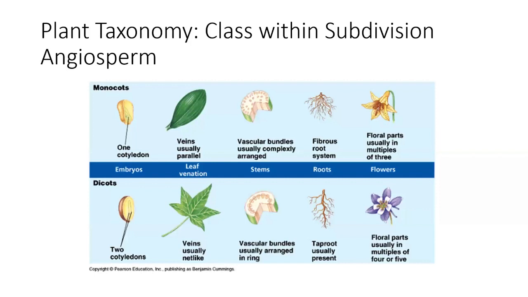Now, we've gone from big taxonomy to kingdom Plantae. We've gone down to our spermatophytes. Then we've gone to gymnosperms or angiosperms. Now we're going to look inside angiosperms, at a division within a subdivision. They can be classified as either monocot or dicot.